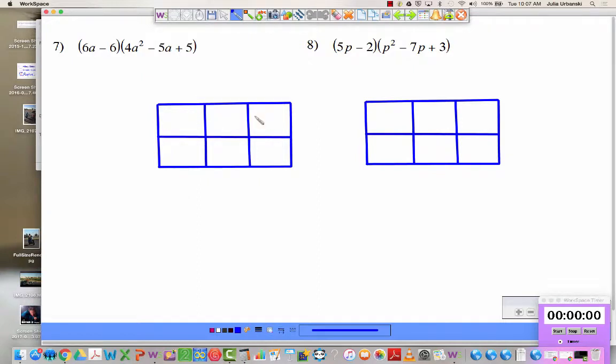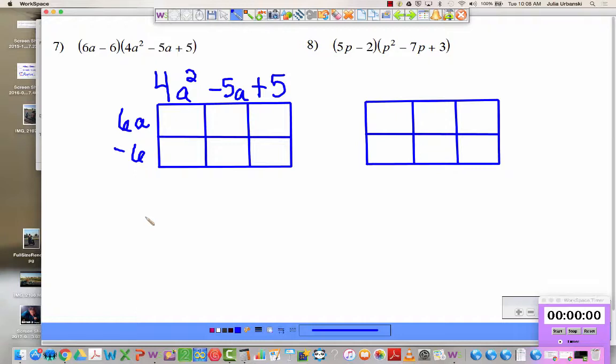So across the 3 top rows, I put my 4a squared and my minus 5a and my positive 5. But where there's only 2, I put my 6a minus 6. Okay, if you just multiply 3 by 2 this time, you just make sure that everything gets multiplied and then write it in standard form.